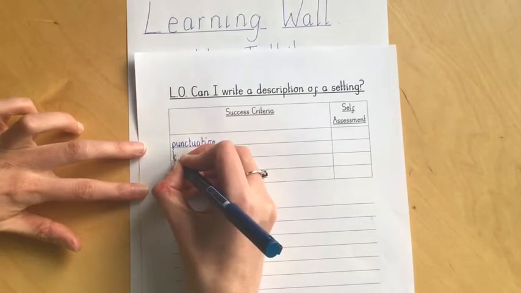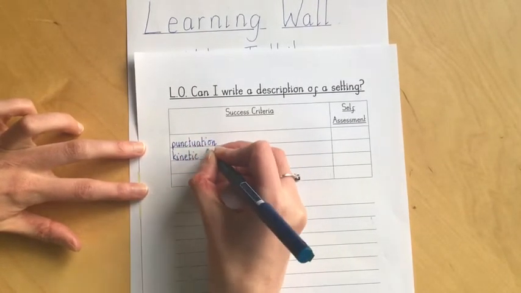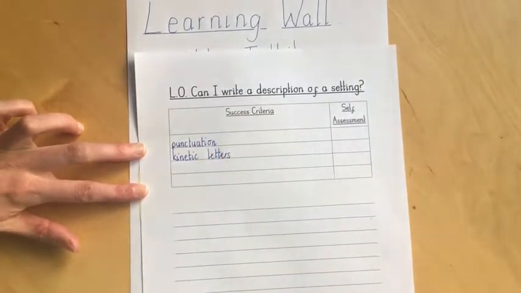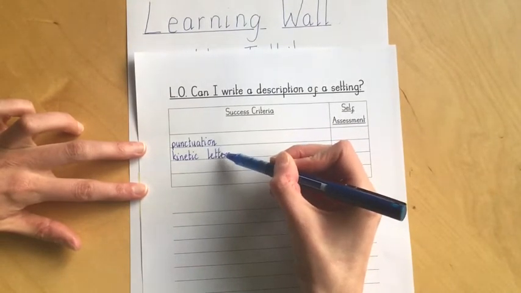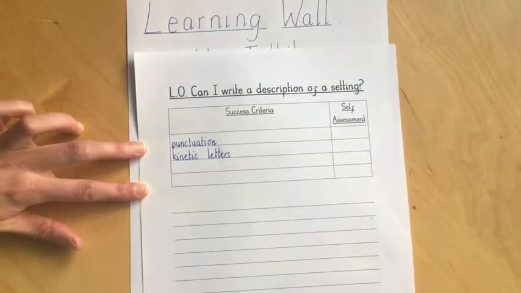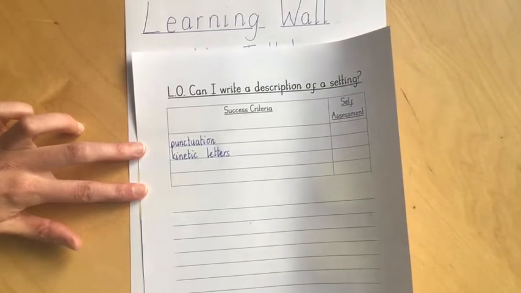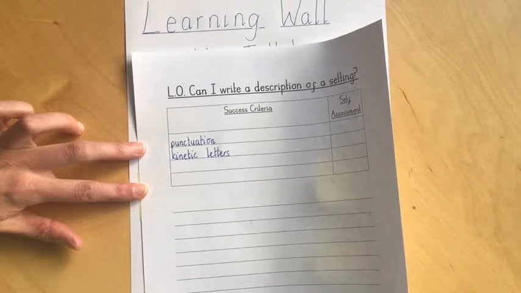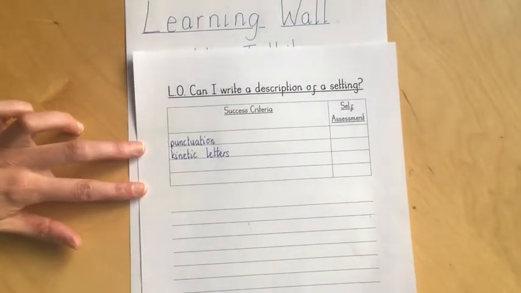Again, it's really important that my handwriting is nice and neat and that my tall letters are clearly taller than my smaller letters, my lowercase letters. To help you with that, you really need to think about where your letters are starting, and if there's any letters that you're not sure how to form, then please go and have a look at the kinetic letters videos, which are also on our YouTube channel.